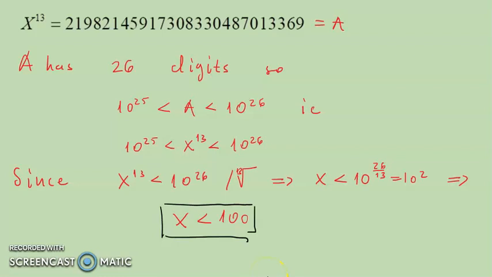Let's try to find the lower bound. We need to work with the fact that a is greater than 10^25, or x^13 is greater than 10^25. Because of that, let's figure out what to do. We have 10^25. That is not appropriate because 25 is not divisible by 13.